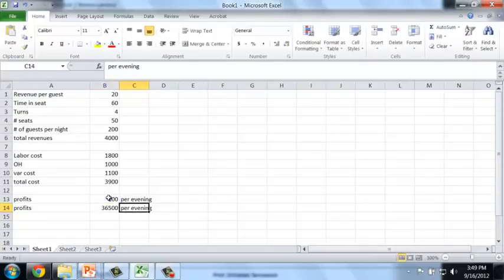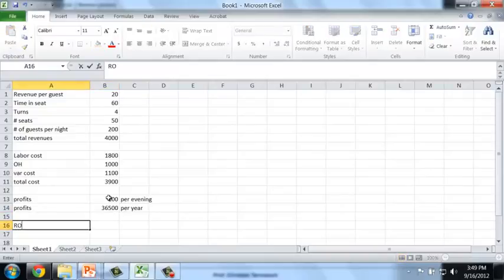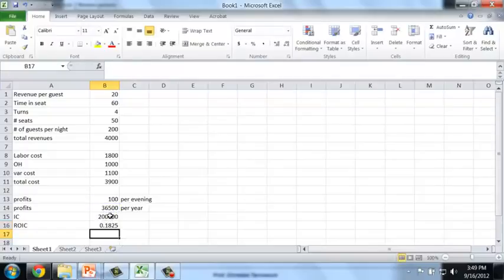That gives me my ROIC as the ratio between the profits that I have here and the invested capital that I just squeezed in here. That is 18.25%. Now the reward of all this tricky calculation is that a sensitivity analysis is quite simple.